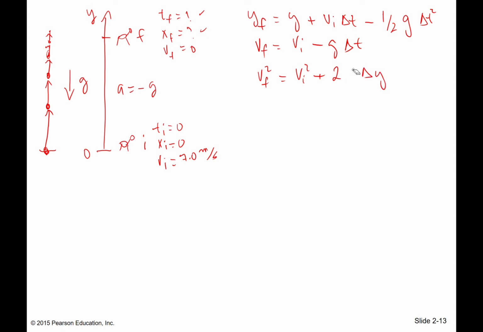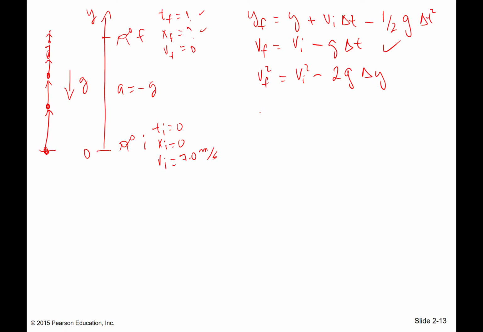Remember, a was minus g, so I have to change the sign here. Those are my three equations, and now I can see how to solve this problem. I want to find the final time, so the second equation seems to be the better choice, so I'm going to use that equation.